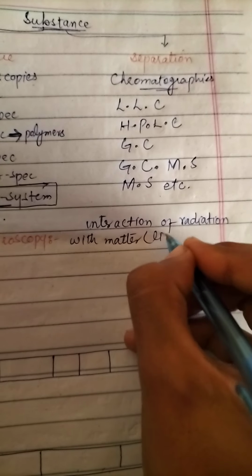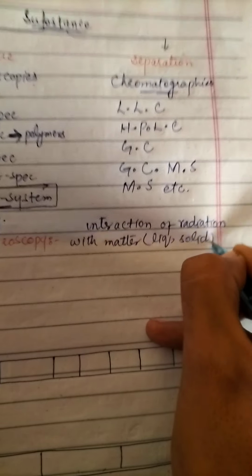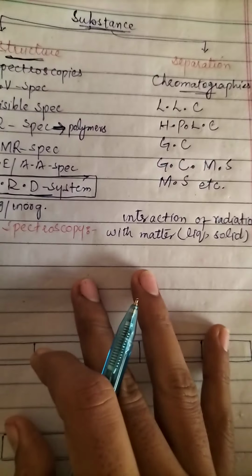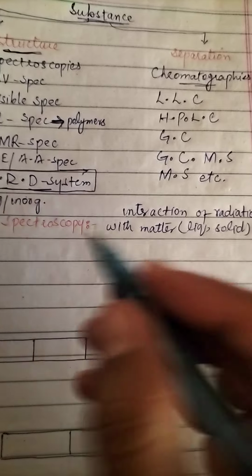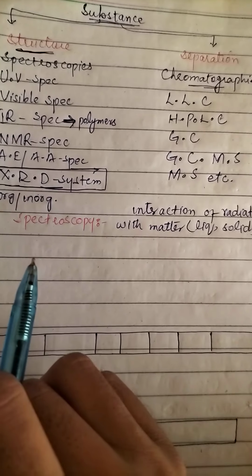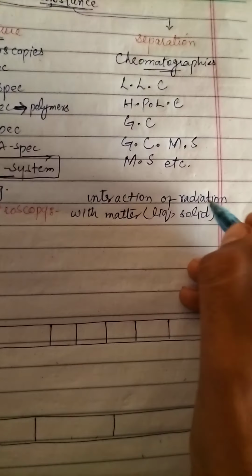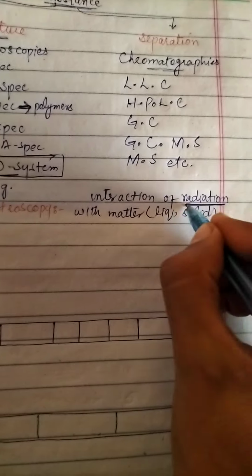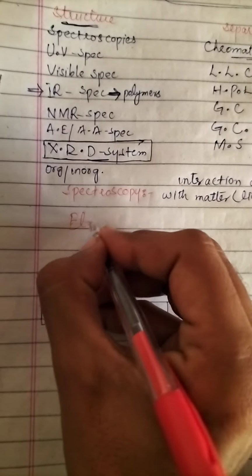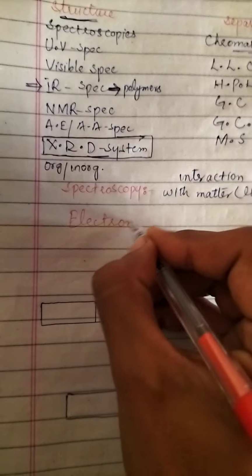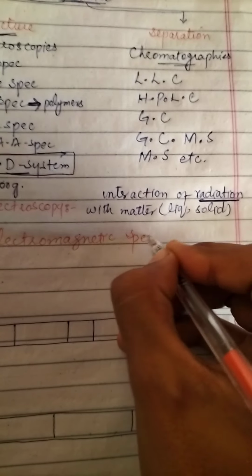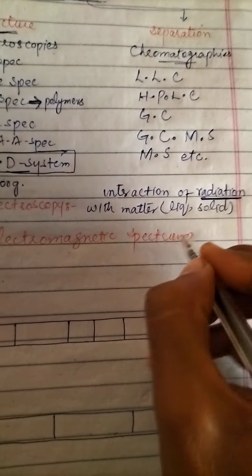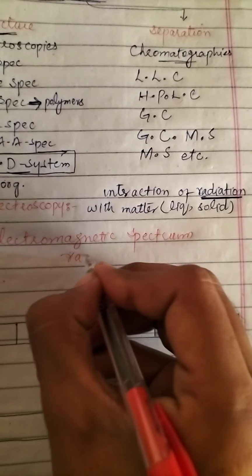Matter may be liquid or solid, or even gases. For spectroscopy, the radiations that are used are called electromagnetic radiations, or the electromagnetic spectrum.